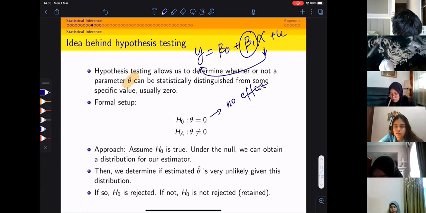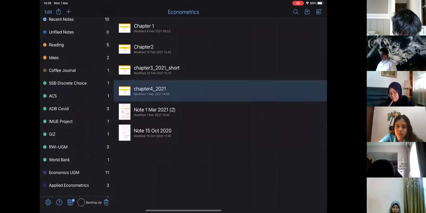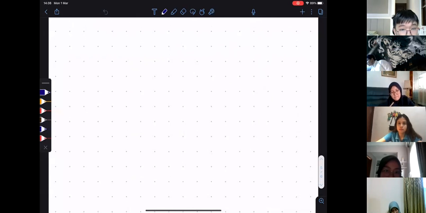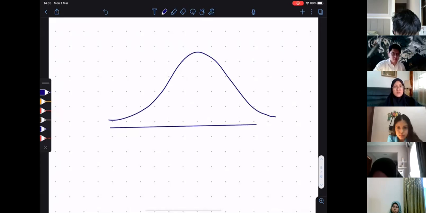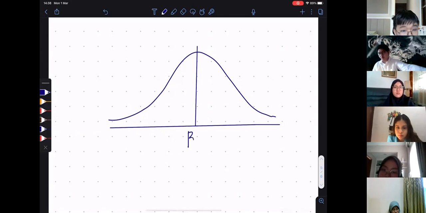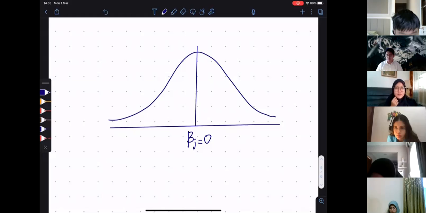Okay, so just to give you a particular illustration, suppose that this is the distribution under the null hypothesis, say beta j equals 0. This is what we assume.